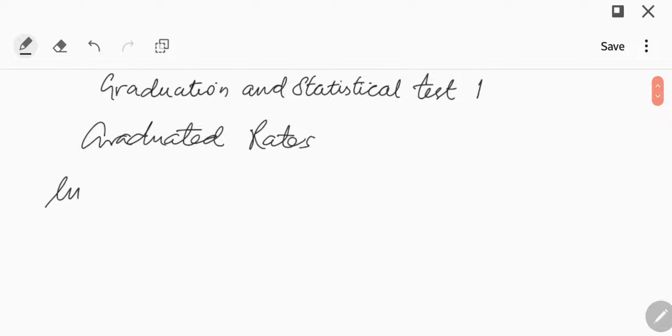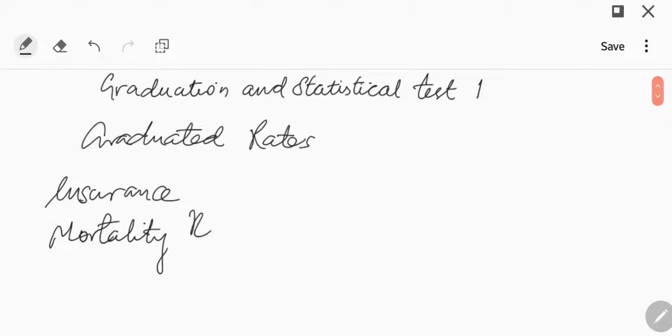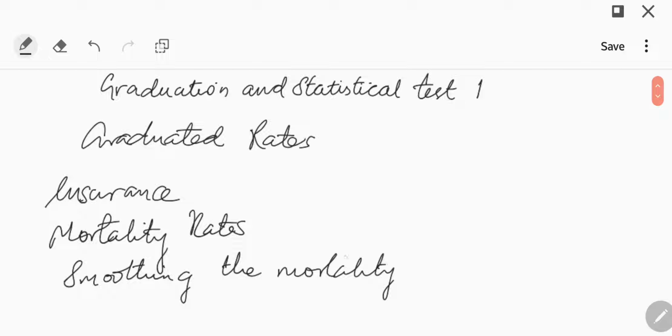In the context of insurance premium setting and aspects relating to mortality rates, when we define graduation, it's more of a process of smoothing the mortality rates data.